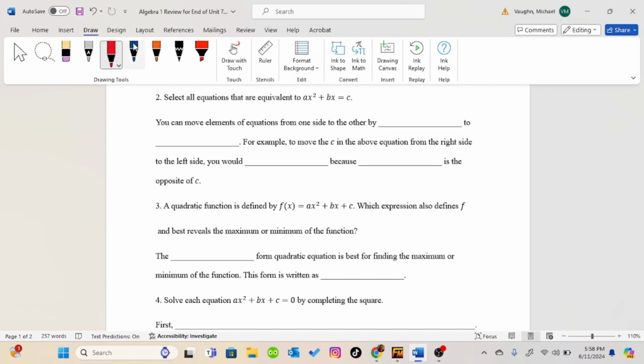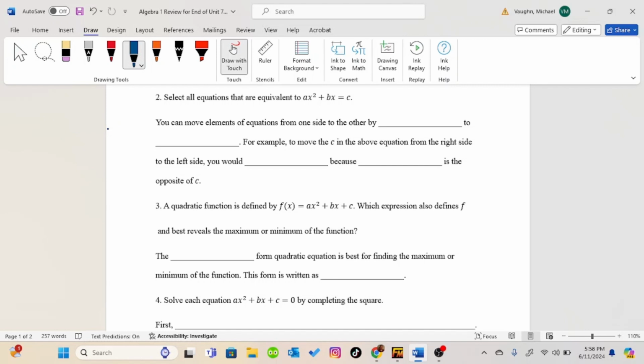Number 2, they're going to tell you to select all equations that are equivalent to an equation set up like ax squared plus bx equals c. You're going to have to understand how to look at other expressions and determine whether or not they are equivalent to the one you are given.